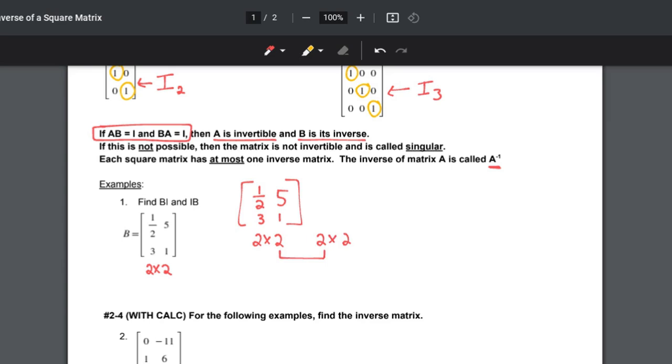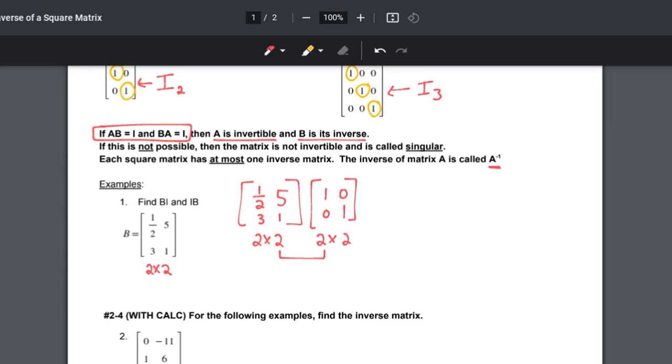All identity matrices are square, so it has to be a 2 by 2. So we're just going to write down what the identity matrix is. It's going to have 1s in the main diagonal from the upper left down to the lower right, and then it'll have 0s for all the other elements.